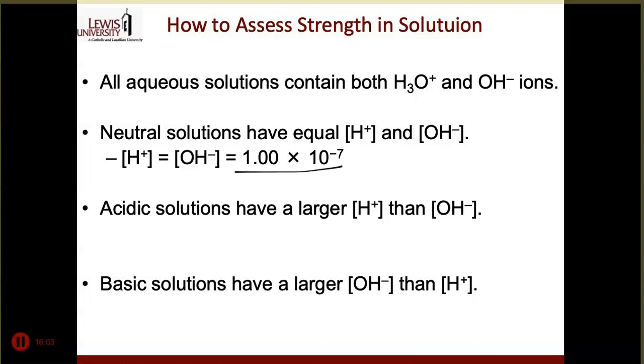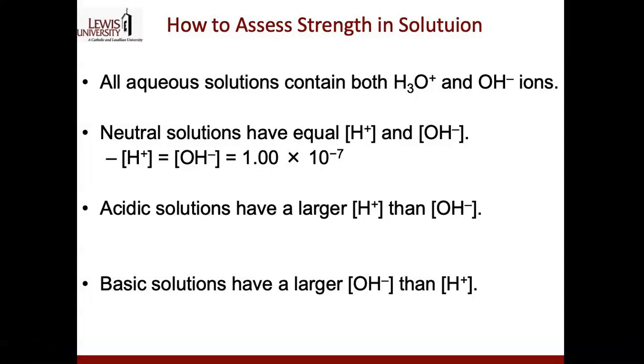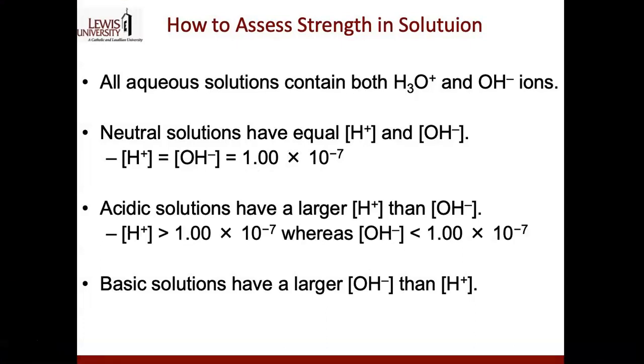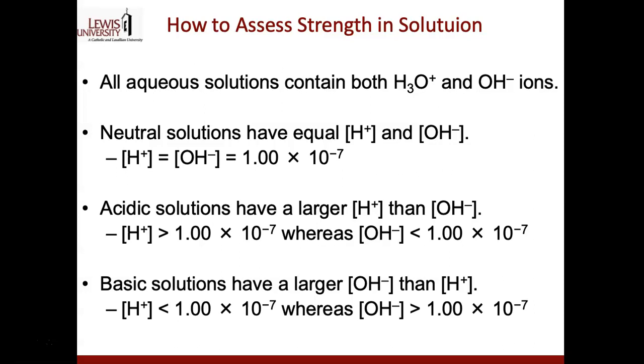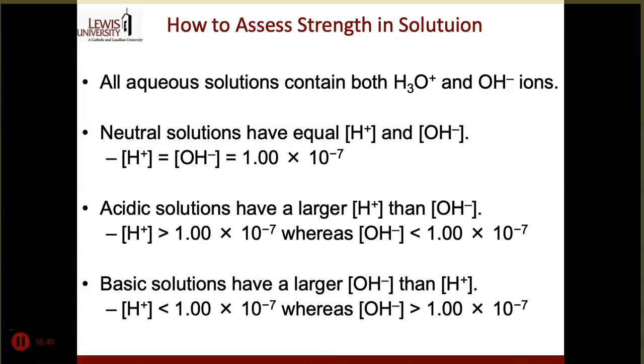And if you have equal amounts of H plus and OH minus, that means that your concentrations are equal and your solution is by definition a neutral solution. Now, if those concentrations aren't in equal amounts, then you no longer have a neutral solution. And we see that when the concentration of H plus is greater than the concentration of hydroxide, that gives you an acidic solution, and vice versa for a basic solution.